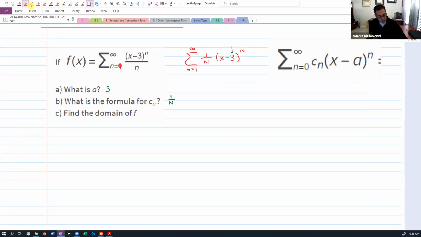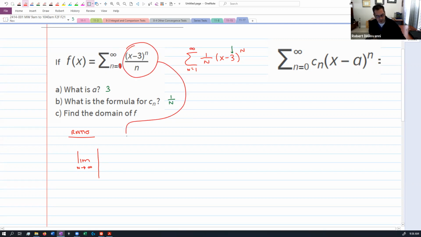To find the domain, I need to run the ratio test. So I'm going to take the limit as n goes to infinity, and I'm going to use this version right here. That's the version I'm going to put into the ratio test. So I have x minus 3 to the n plus 1 over n plus 1, over x minus 3 to the n over n.